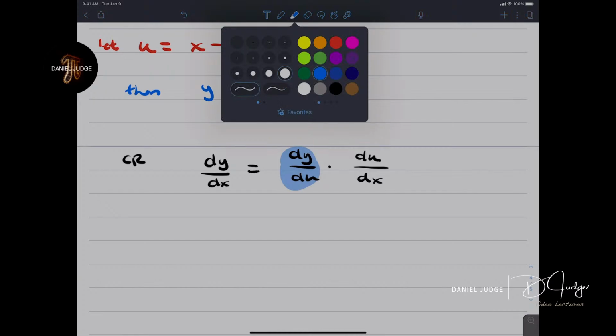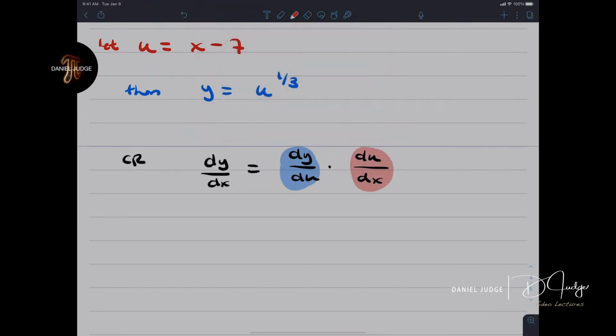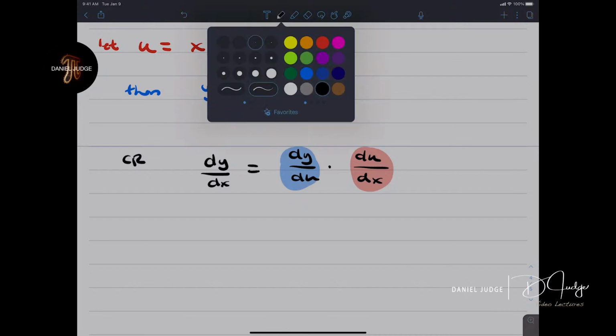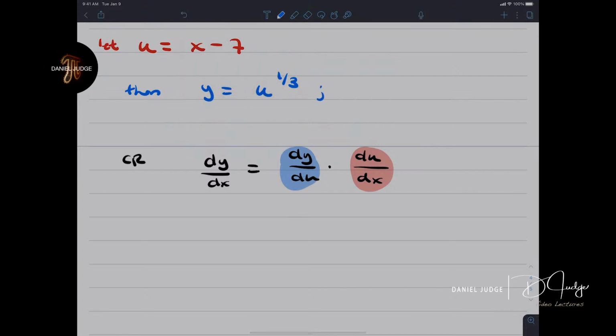Blue derivative, red derivative. All right. So dy du is d du of y to the 1/3 power.